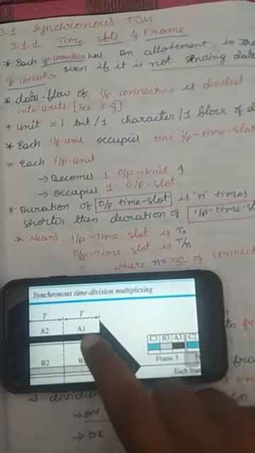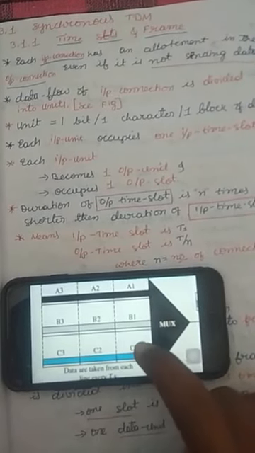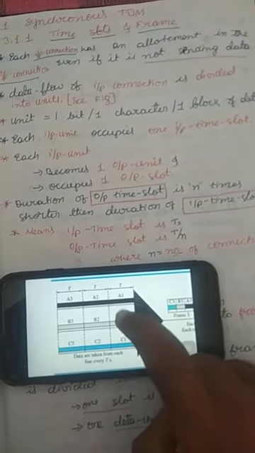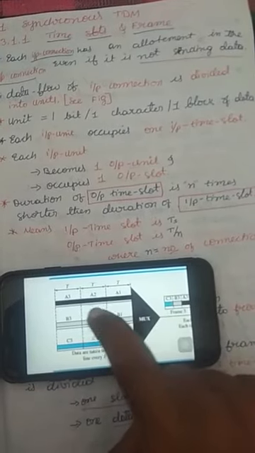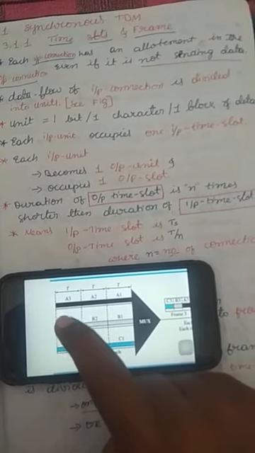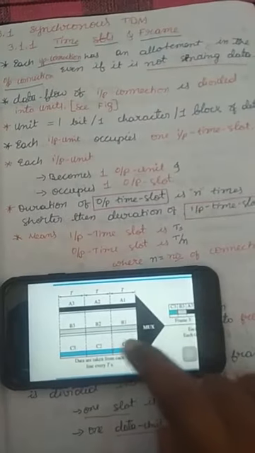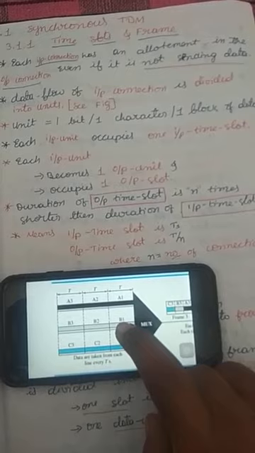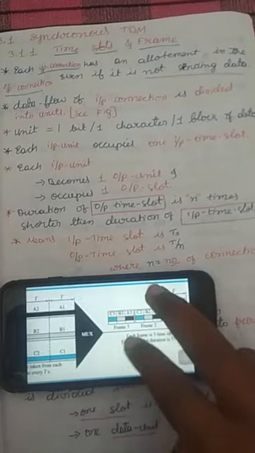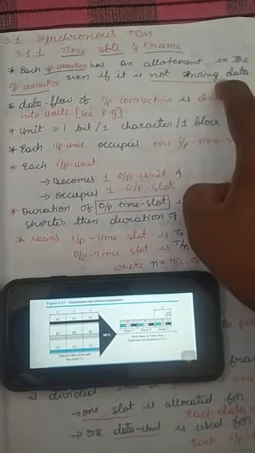A1, A2, A3, B1, B2, B3, C1, C2, C3 are the data flow, meaning information. Suppose there is no information in the second line also, the output connection will still create the slot. This is the explanation of this first statement.